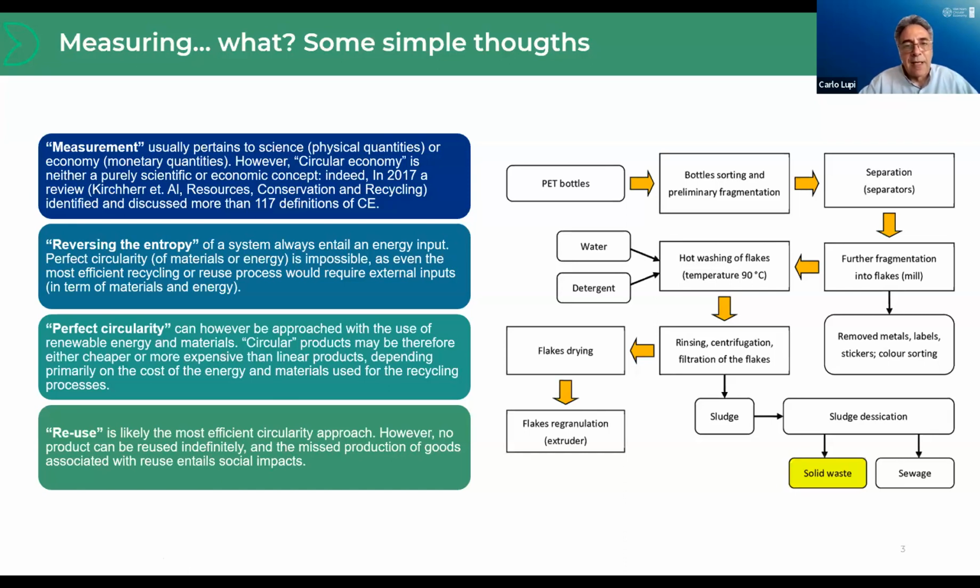PET recycling, as many people know, is one of the most efficient recycling processes, but still it requires a lot of energy. It requires materials like water and detergent. So in the end, even this process is not perfectly circular, and we have to take into account the inputs of energy and material.